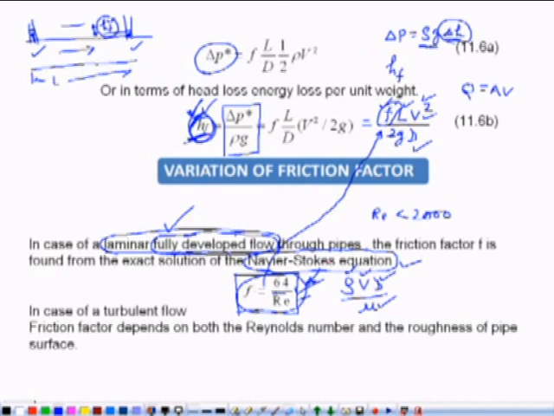But generally we know that in engineering applications or in nature, the fluid flow is turbulent in nature. So in turbulent flow, we don't have an analytical relationship for finding out the friction factor. So for that, we know that this friction factor can be calculated with the help of the Moody chart.